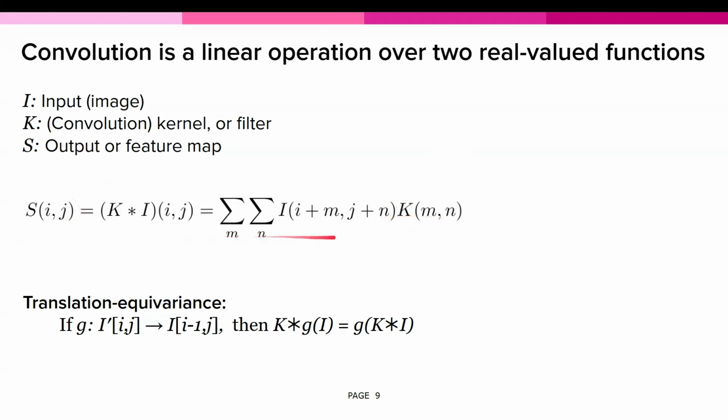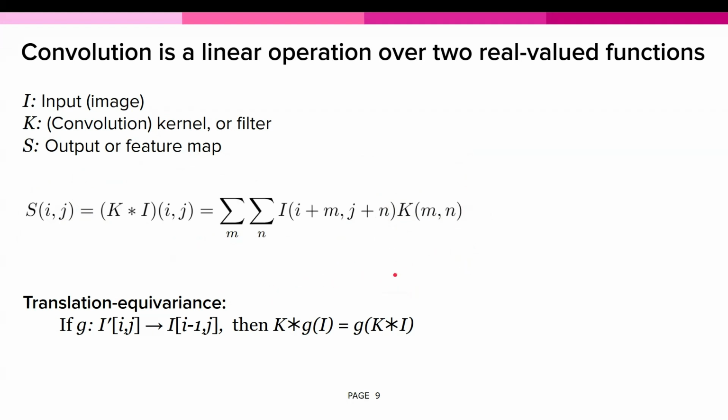Technically, what I've written here is called cross correlation, as real convolution would involve flipping the kernel. While this is technically different, in practice, both operations are commonly referred to as convolution in convolutional neural networks. Whether the kernel is flipped or not typically only matters in a few specific contexts.